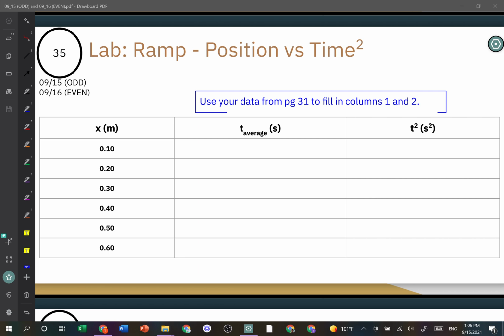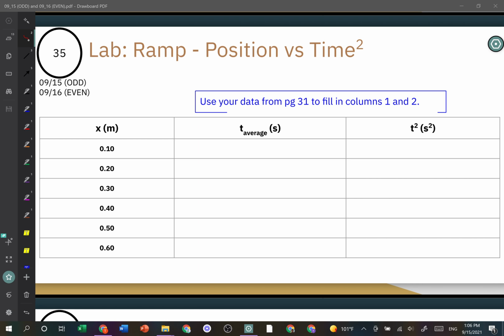You can copy those values down onto page 35 in this second column. Once you have all of those averages copied down into this second column, you can square those values, multiply them by themselves, and write that answer in this last column of our data table.